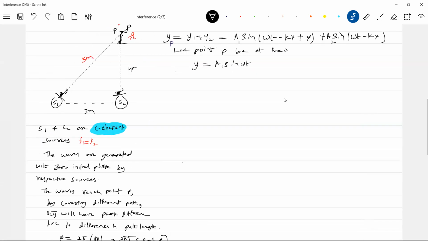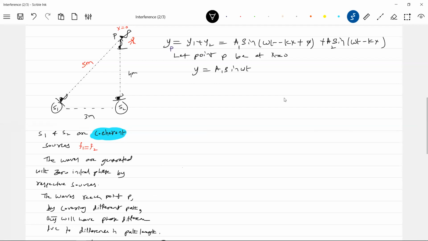A1 sine(omega t plus phi) plus A2 sine(omega t).